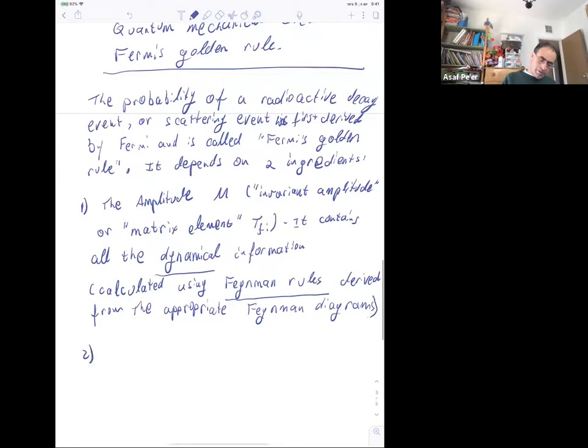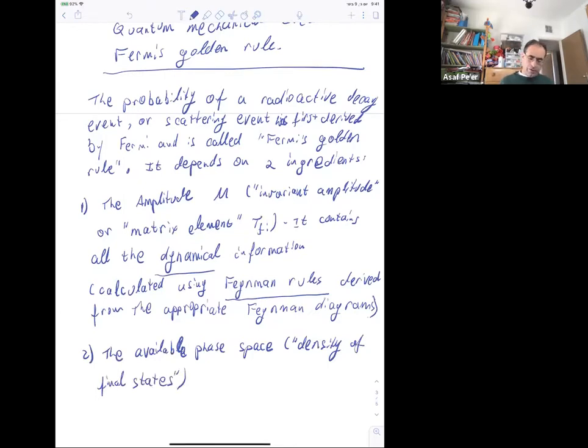That's why it is called the available phase space. This is known as the density of final states. That contains all the kinematics.